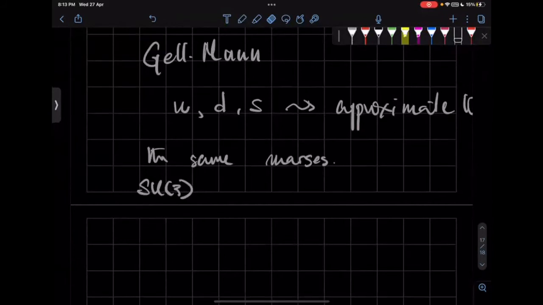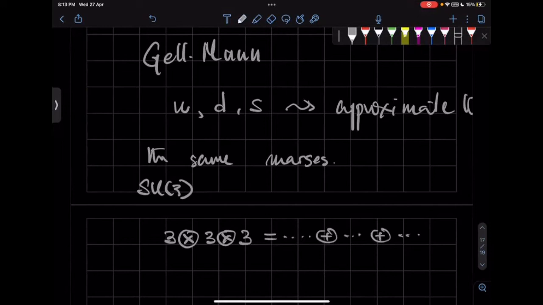Then particles which are bound states of three quarks should be in the irreducible representations of 3 cross 3. So the idea was that they were trying to explain all these new particles which were being found in strong interaction physics. No one could bring order to the particle zoo.